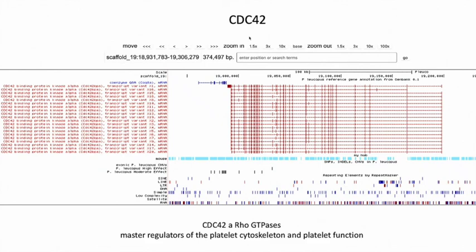So this is a Rho GTPase, and if you type CDC42 or Rho GTPases into Google, you'll find out these genes are considered master regulators of platelet cytoskeleton and platelet function, right?